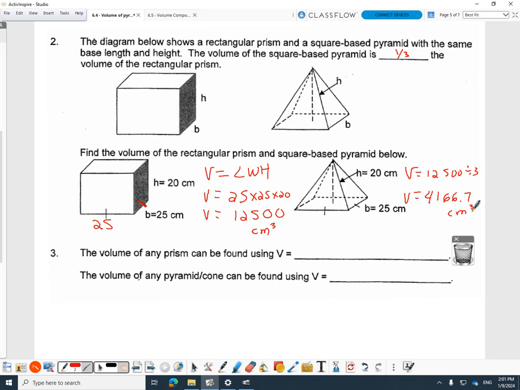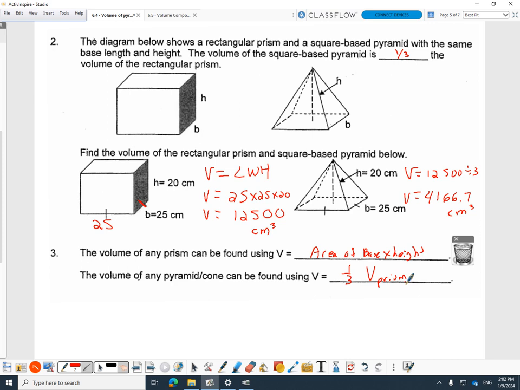So the volume of any prism can be found using area of base times height. And the pyramid can be 1/3 the volume of the prism. You can just do 1/3 of that. Now, if you're a little better at these, and you just like using the volume of the cone and just having divided by 3 in there, that's fine.